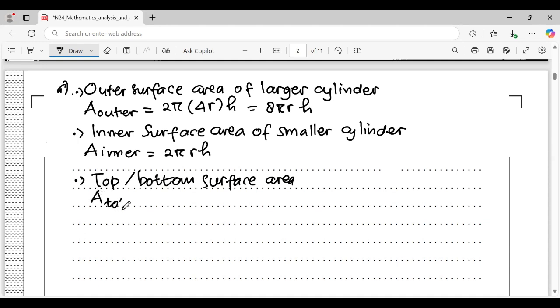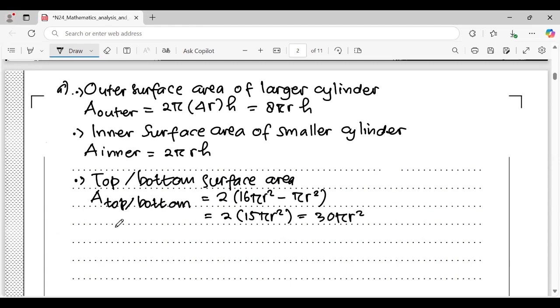A top, bottom. 2, top and bottom, it means 2 because they are equal to each other. 16 pi r squared minus 1 pi r squared. It is 2 times 15 pi r squared, which equals 30 pi r squared.